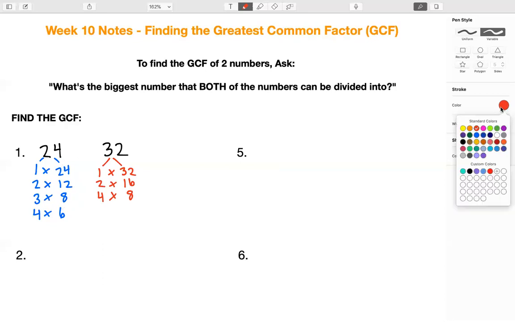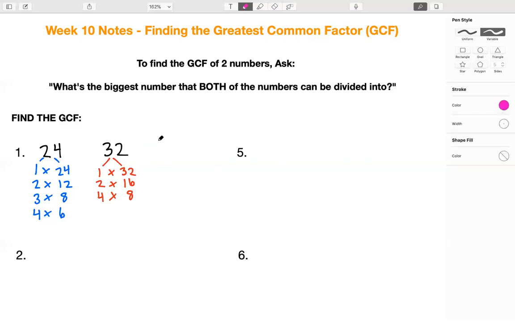What we need to do now is try and identify what are called common factors. Common factors, meaning factors that are found in both 32 and 24. Let's go through. We have 1, that's a common factor. We have 2, that's a common factor found in both.